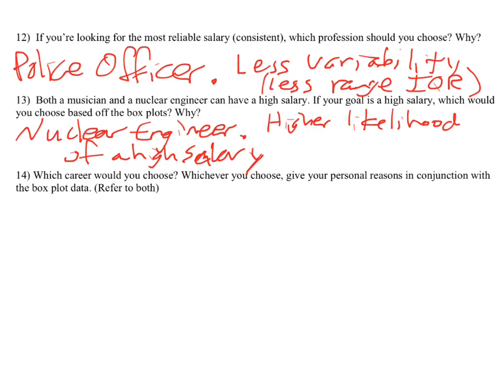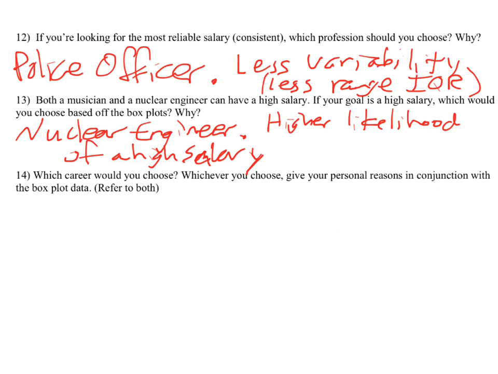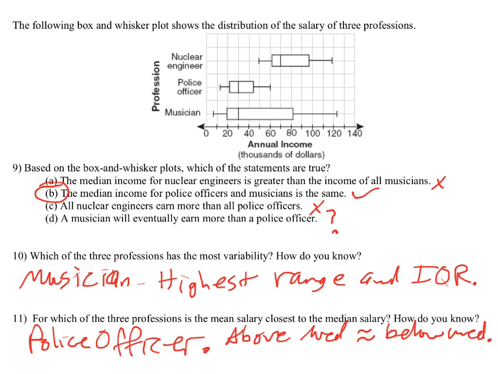Which career would you choose? Whichever you choose, give your personal reasons in conjunction with the box plot data. So I think on this one, you just kind of choose what you want. You just put whatever you want. Like, you choose, man. You just have to include some reasons, like if you want to say nuclear engineer because you like engineering, you like science, and you like messing with very dangerous materials, you can be a nuclear engineer, and it actually pays well.